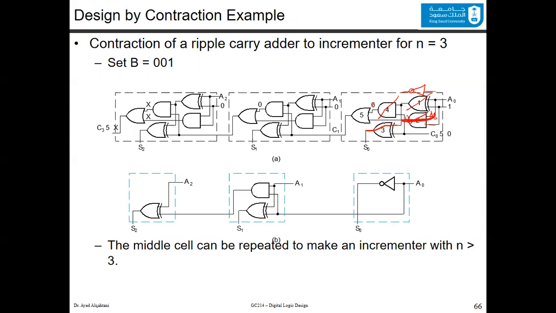Similarly, 0 ORed with anything will have this line that comes from the AND going directly right here. So you can say that instead of having those 5 gates, this XOR will be replaced by just an inverter, going directly this way to the sum.